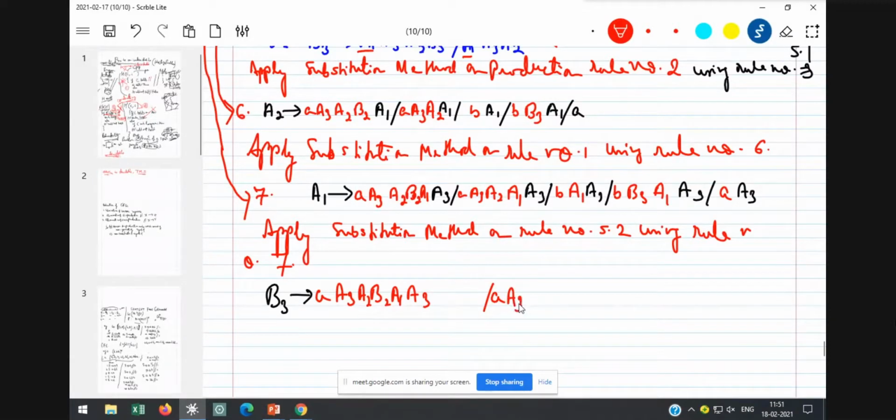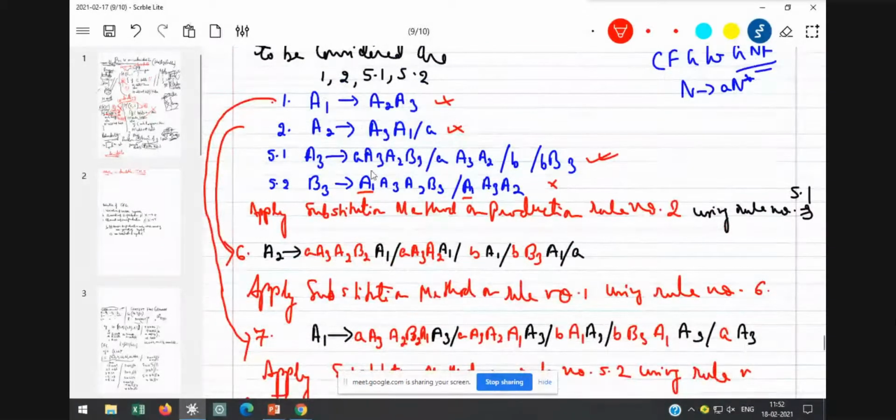Terminal A, A3, A2, A1, A3, then B, A1, A3, then B, B3, A1, A3, leave some space, A, A3, this. Okay, let me complete this portion first.